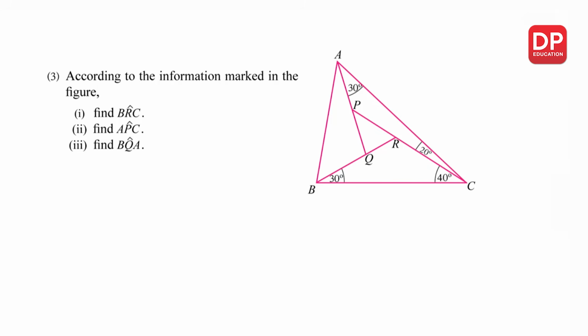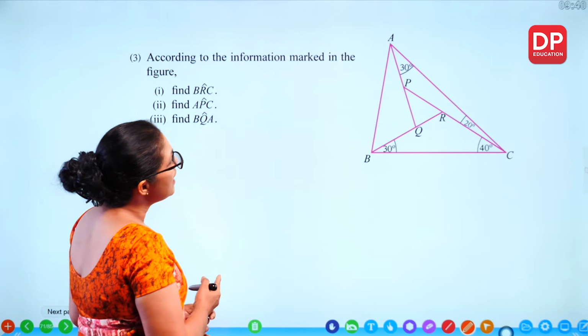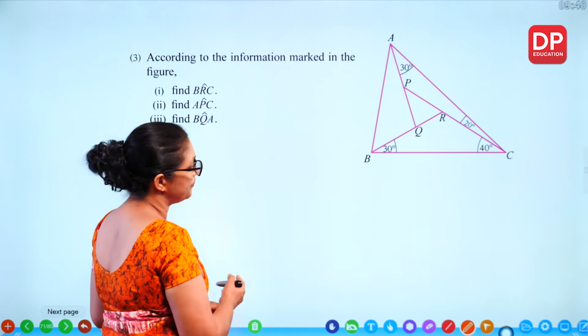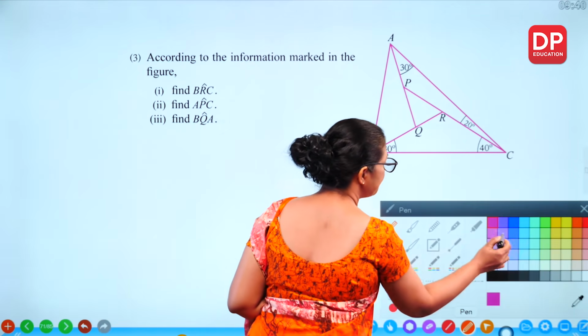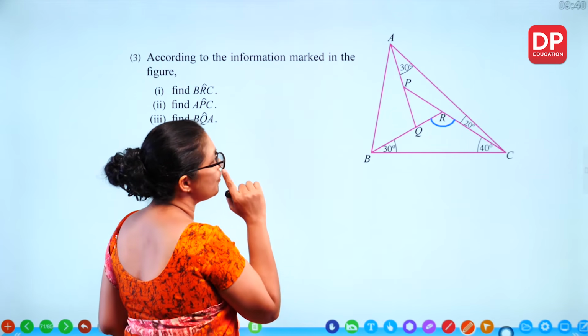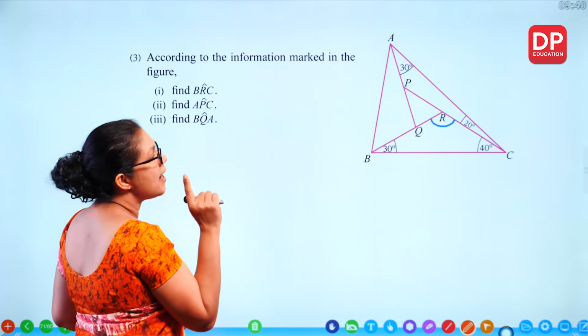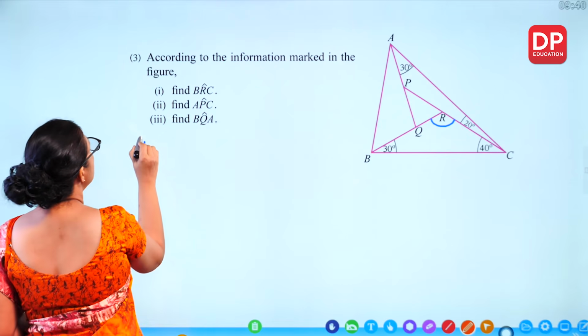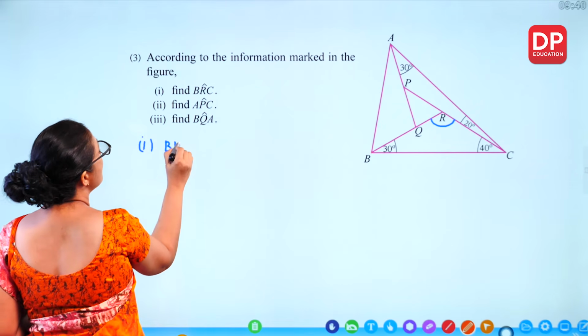According to the information marked in the figure, find BRC. BRC, this angle. How can we find out that one? Think about the BRC triangle and you can find out.